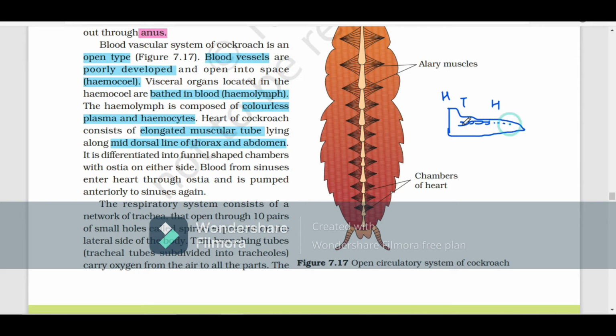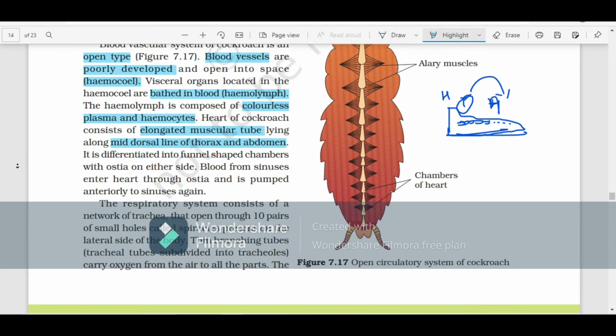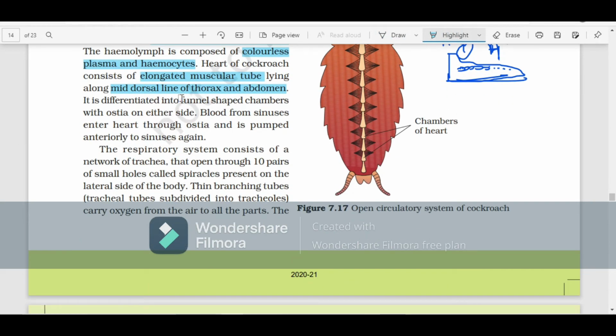How many chambers does the heart have? It's just a single heart with 13 chambers, extending from thorax to the abdomen. It's an elongated muscular tube lying along the mid-dorsal line. Can you see this? This is the ventral side, this is the dorsal side. So along the dorsal side you can find it. It is differentiated into funnel-shaped chambers.